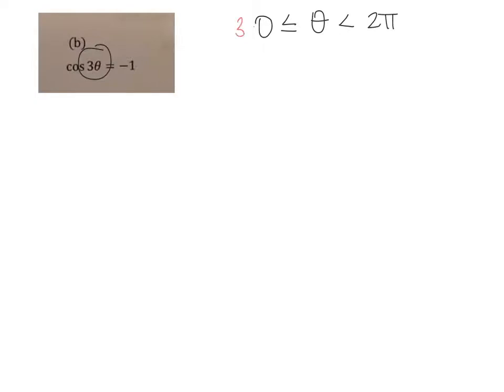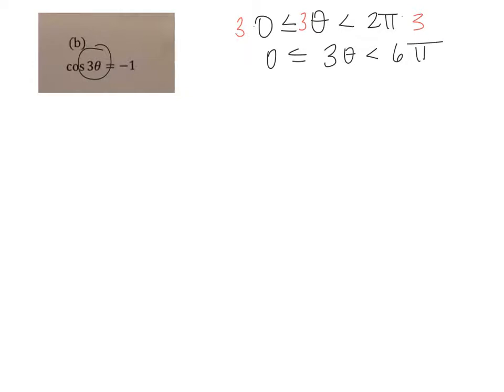So I'm going to multiply every element by 3, which tells me that 3 theta will live between 0 and 6 pi.